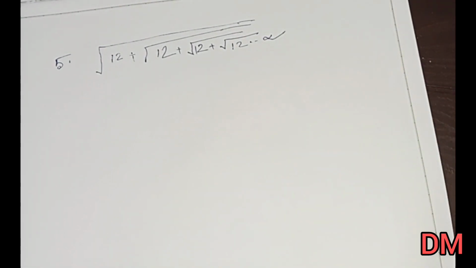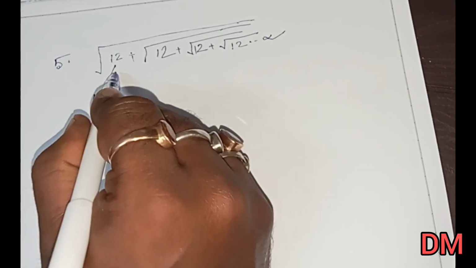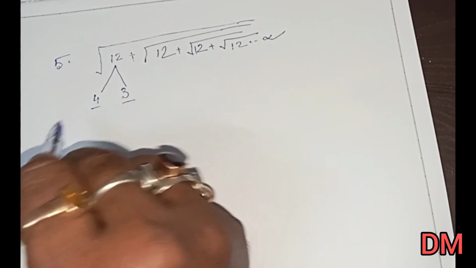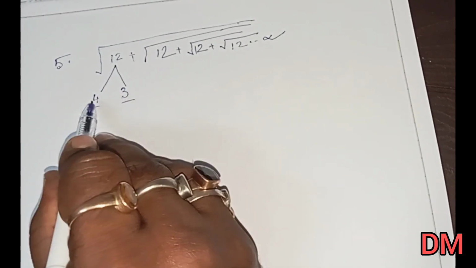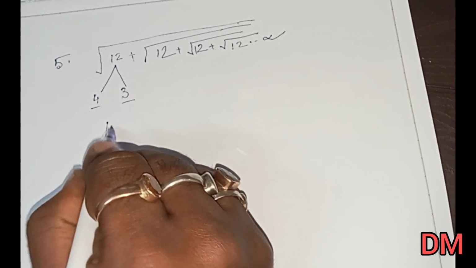Now we can solve such a type of problem very easily, without doing the calculation we have done earlier. 12 here, so how can you divide? 4 multiplied by 3 equals 12, and the difference between these two is 1. So the answer will be 4 only.